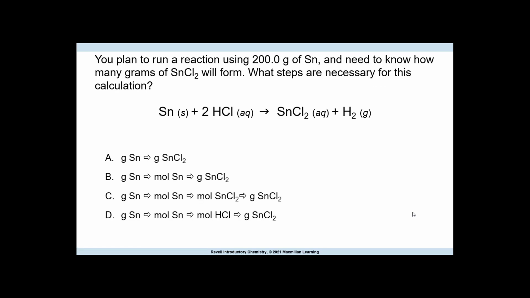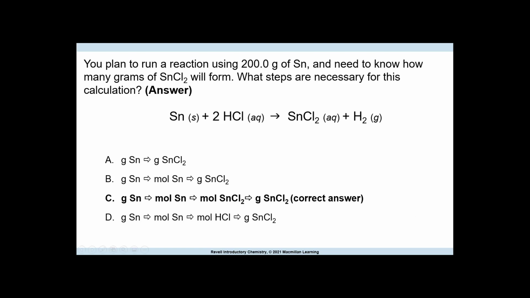You plan to run a reaction using 200 grams of tin and need to know how many grams of tin chloride will form. What steps are necessary for this calculation? So this is pretty much not asking you to solve it, but asking for the steps of it. If we're starting with grams of one reactant and it's asking for grams of one of the products, in this case you're going to start with grams of tin to moles of tin.